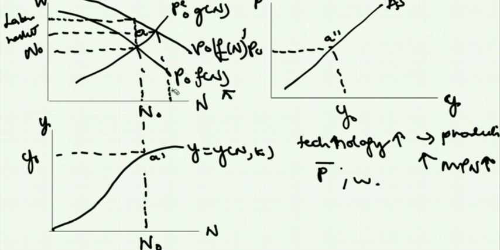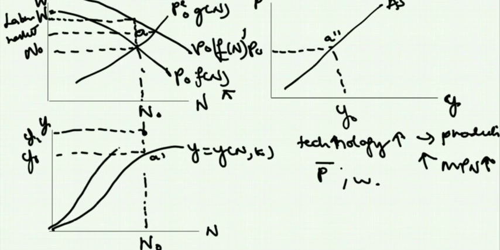So I don't want to talk about N1, because if I talk about N1, then I have to bring aggregate demand. Here we just want to analyze aggregate supply. So wage increases here, let's say W2. And in the production function, when technology increases, for the same amount of employment, which is at N0, you can produce more. Let's say Y1.